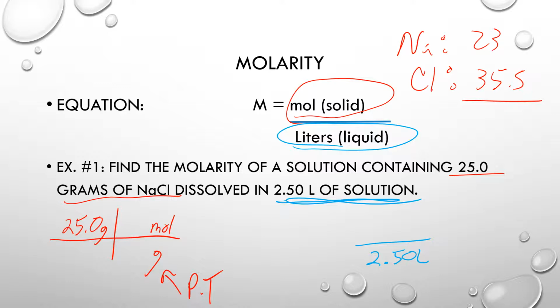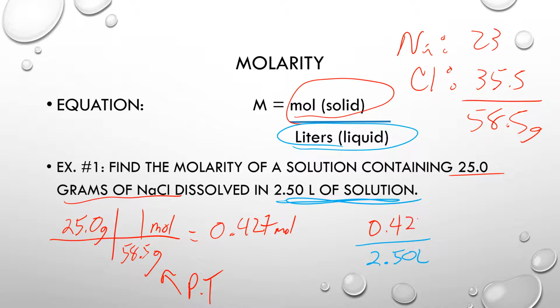And we're going to add those up, and we're going to get 58.5 grams. So that's 58.5 grams in 1 mole. And so we divide 25 by 58.5, and we get 0.427. So that's 0.427 moles. And so that's going to go in our numerator.